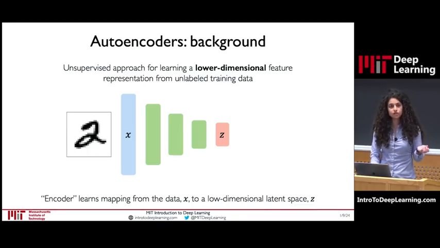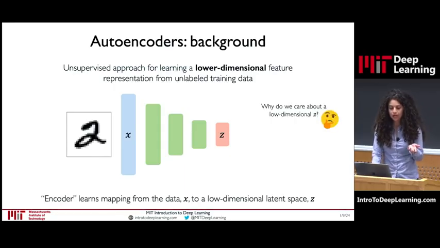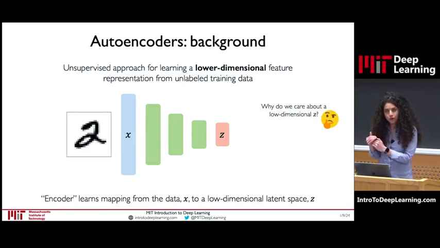What I'm showing here is an example with an image, the digit 2, and the autoencoder is taking examples of this data and trying to learn a lower dimensional feature space that represents it in a completely unlabeled way. So maybe let's first ask ourselves a question. If we're trying to learn an encoding, what I'm denoting here as the variable z, why would we want this set of variables z to have a fairly low dimensionality?